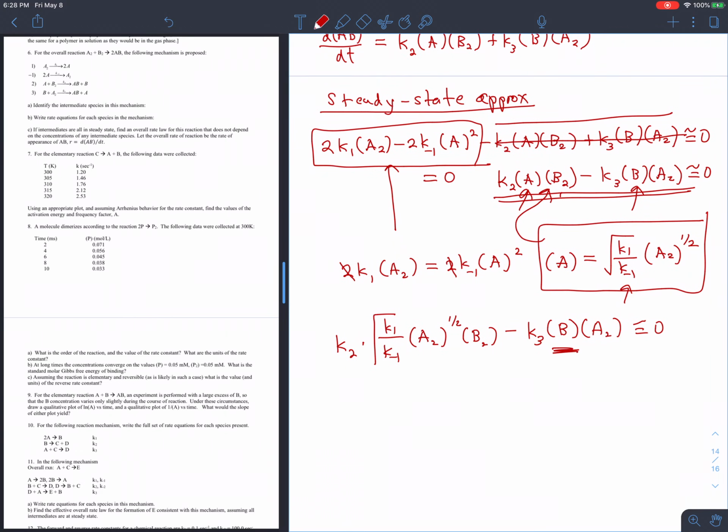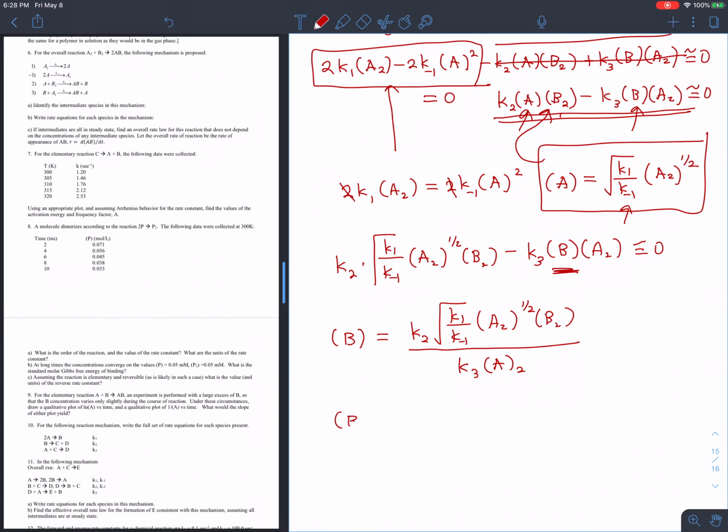And now solving for B, we're going to have B is equal to K2 square root of K1 over K minus 1, A2 to the 1/2 power, B2, divided by K3 times A2. And therefore, B is equal to K2 over K3 square root of K1 over K minus 1 times B2 over A2 to the 1/2 power.